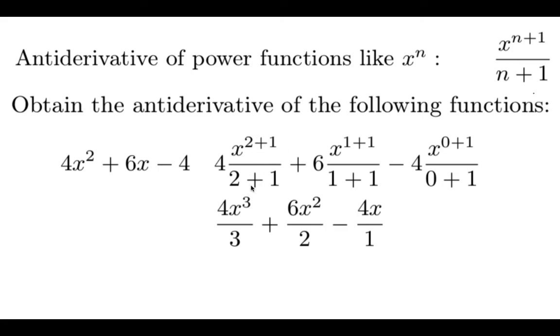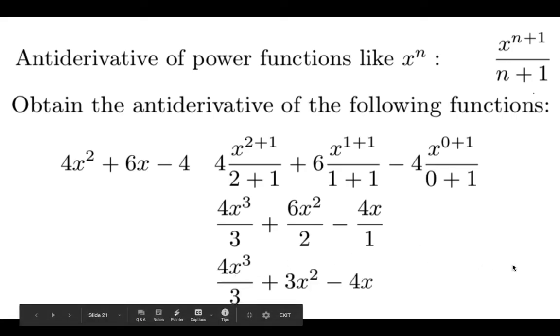And again, 2 plus 1, 3, 2 plus 1, 3, 1 plus 1, 2, 1 plus 1, 2. This is our function. Simplify it if you can. You can simplify this too, and we can write this without this one. That's it. This is the antiderivative of this function.